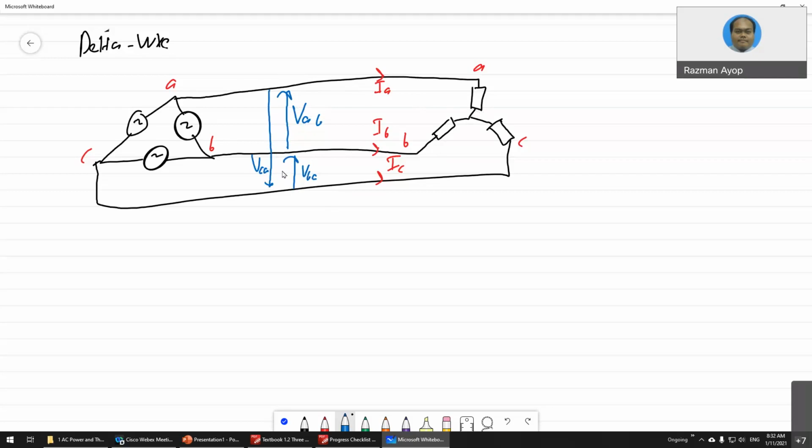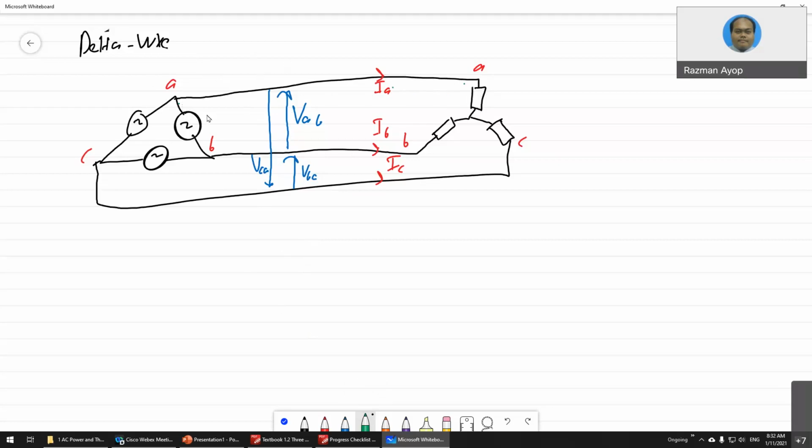Now for the current, you also have to label the phase current. For the delta source, phase and line current are the same, so no need to label again. But for the load it is different.